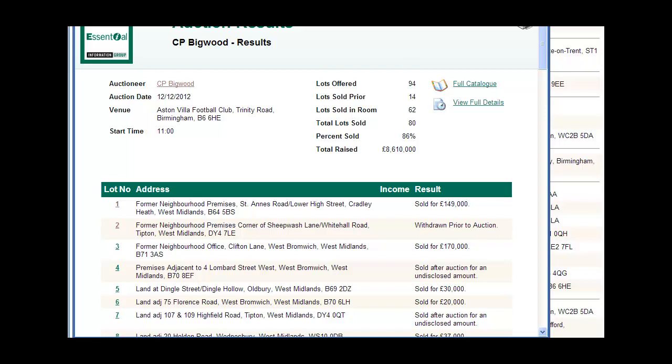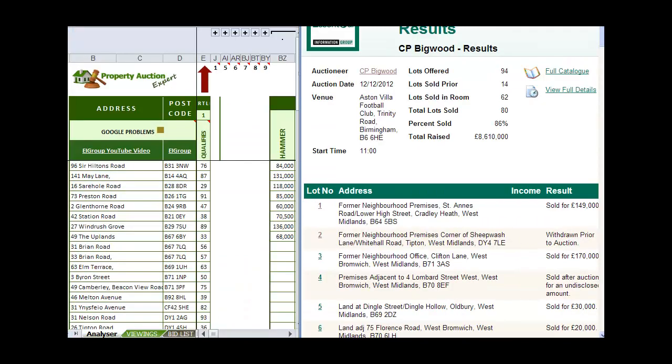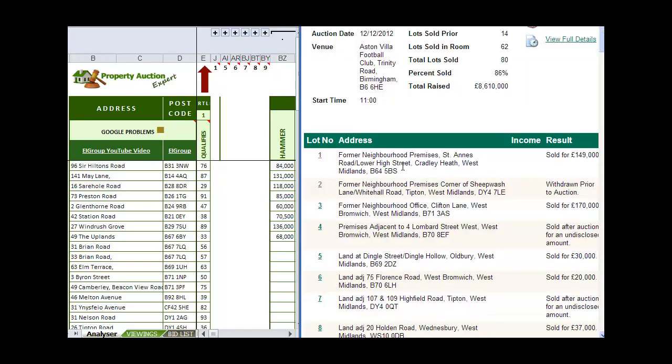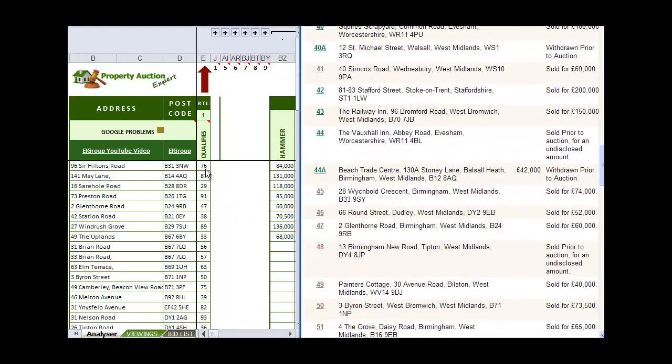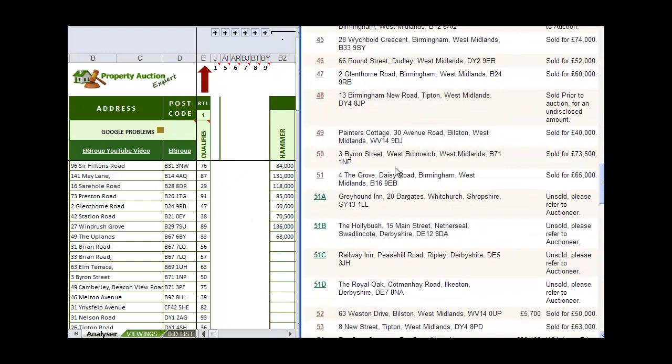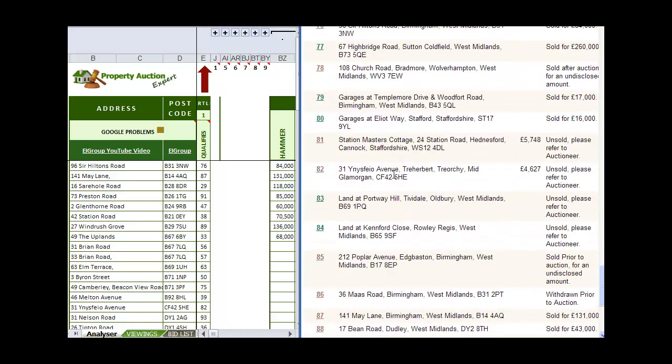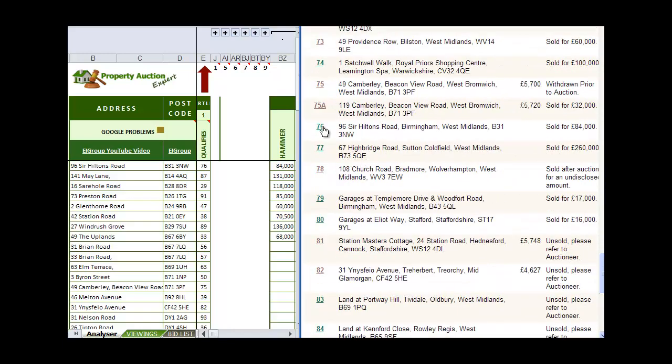Now I'm just going to readjust the screens, and this is as far as I can readjust the screens, so we can see the address of the property, the postcode, and most importantly the lot number. I've already put in the hammer price, and if we go to this screen and scroll down to lot 76, which is this lot number here, we will find that and here we are, the sold price is 84,000.